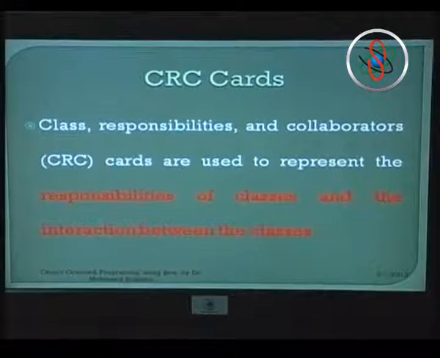CRC card. What is the CRC? It is the class, responsibilities and collaborators. Here we use it to represent the responsibilities of the class and the interactions between classes, because when developing a big program, there are so many classes.